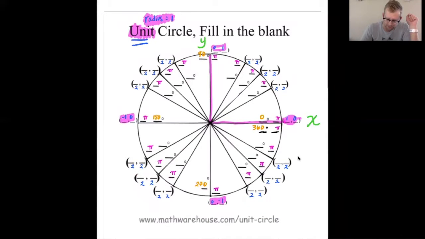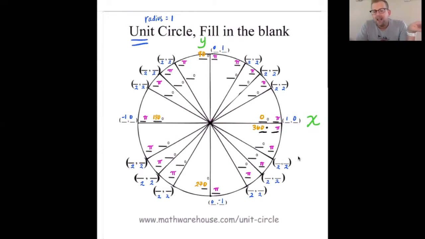Now, what we can do is start to fill out the rest of this. And what you'll notice is I've put in all those other coordinate spaces, I gave them a denominator of 2 because they all will have a denominator of 2. I also went ahead and put in the 4 important degrees, so 0 degrees, 90 degrees, 180 degrees, 270, and then a full revolution around the unit circle is 360 degrees.